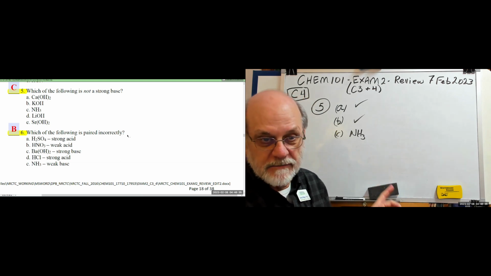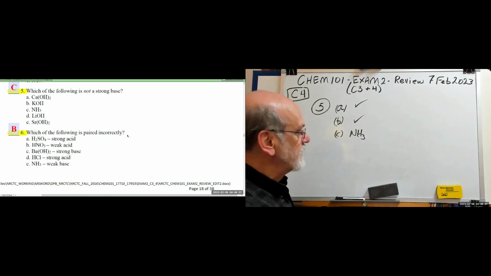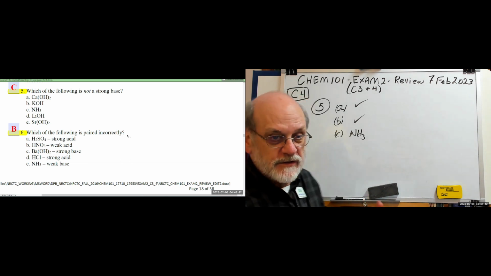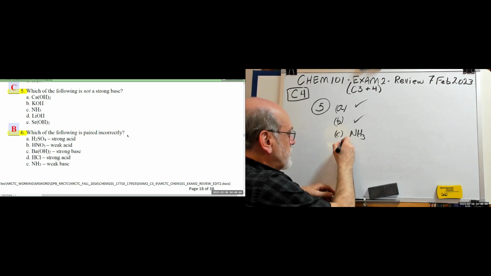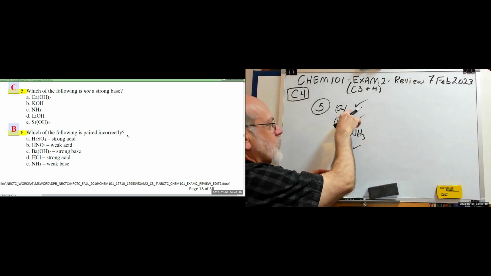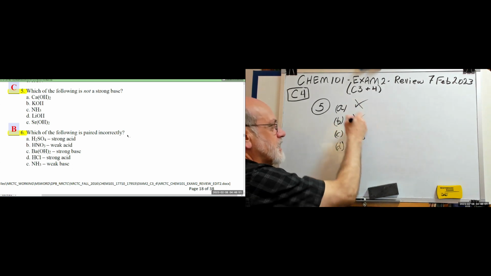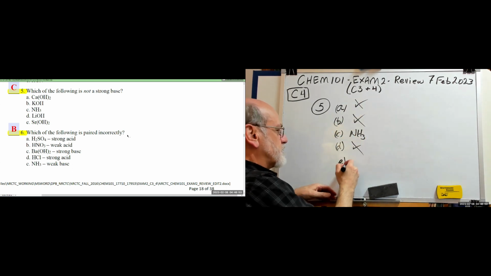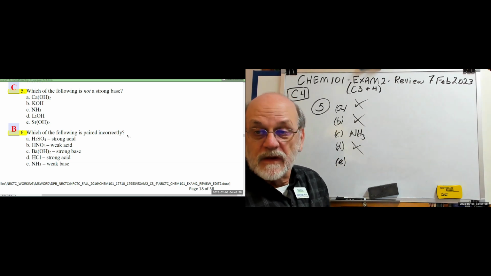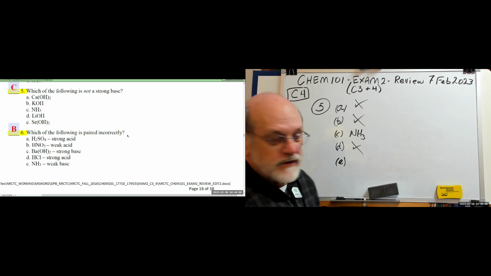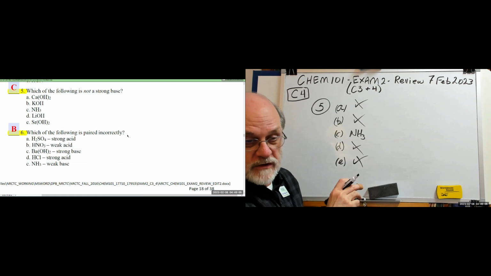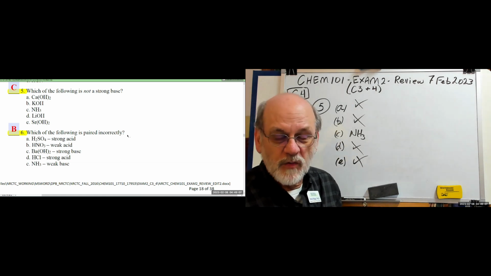And I'll show you in a second. Lithium hydroxide, lithium is from the alkali metals, so it is also a strong base, which means it doesn't answer the question. We're looking for one that's not a strong base. And strontium is an alkaline earth, so it's also a strong base, which means it doesn't answer the question. So by process of elimination, the only one left is ammonia.